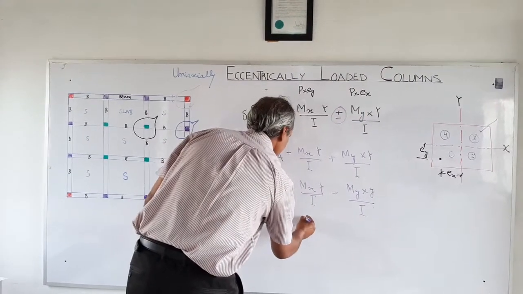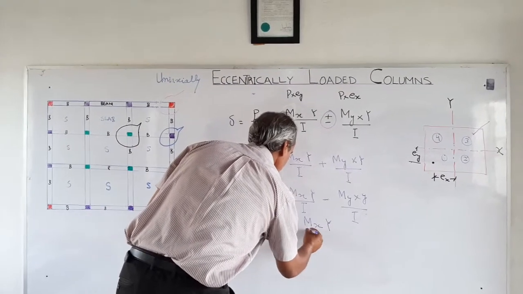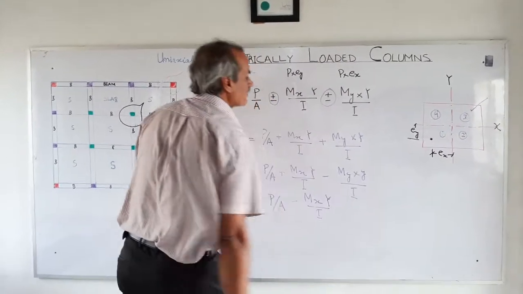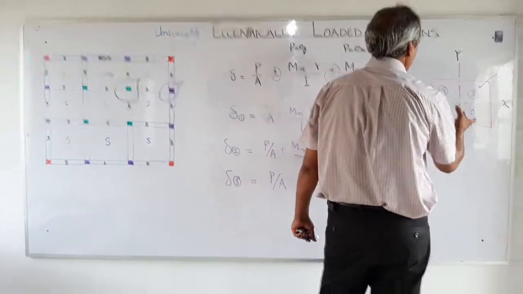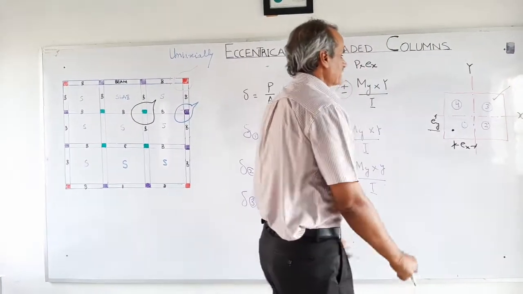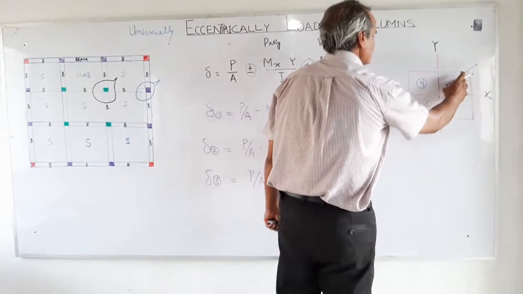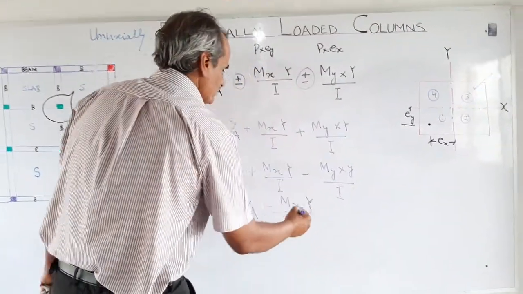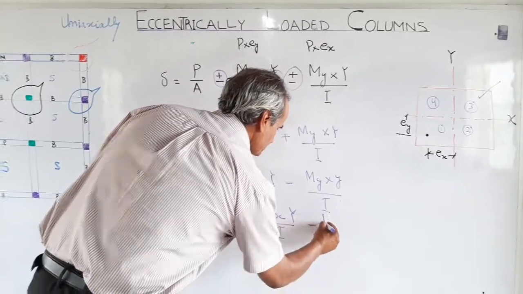So the second term over here shall be minus Mx y divided by I. And let's see the second moment, it is trying to do the bending about the y-axis. Again it is in the other half and causing tension over here. So both the signs over here chosen shall be negative signs.